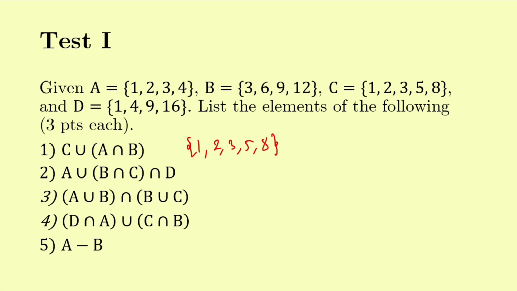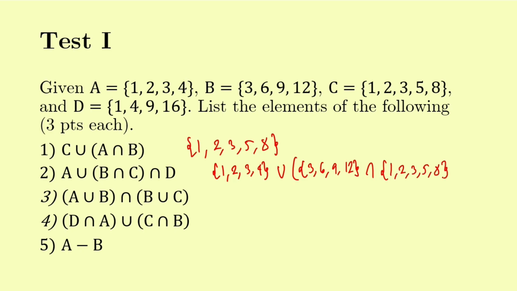Okay, let's list the elements. 1, 2, 3, 4. Union 3, 6, 9, 12. Intersection 1, 2, 3, 5, 8. And then intersection with D, which is 1, 4, 9, 16.